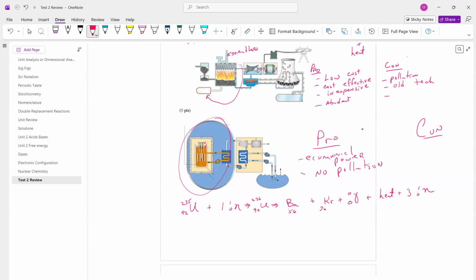So I'm going to put on no pollutions. Because there's leftover fuel that's radioactive. So that's a con. So radioactive waste products. Now, they store those on site in a pool of water.